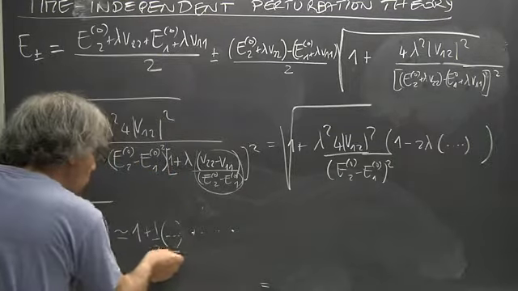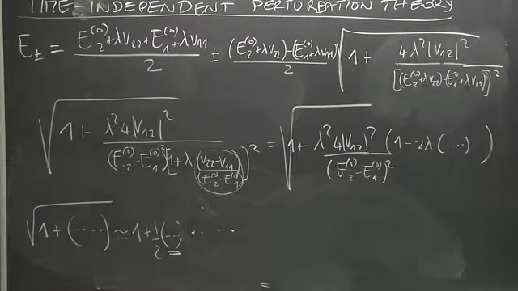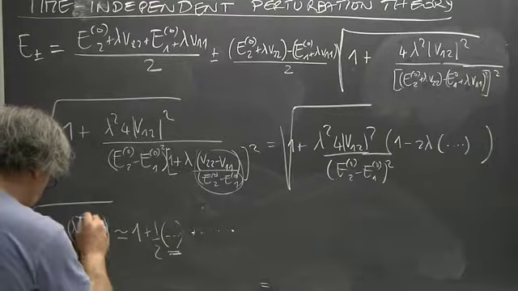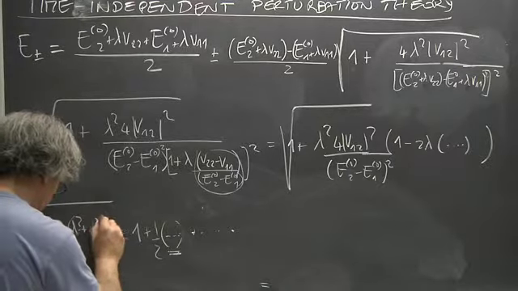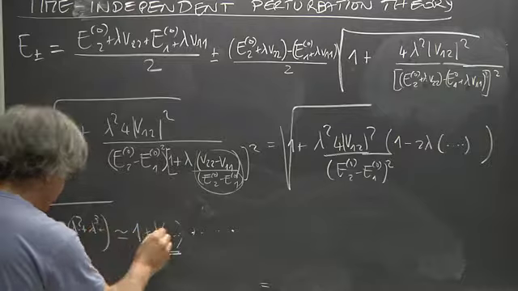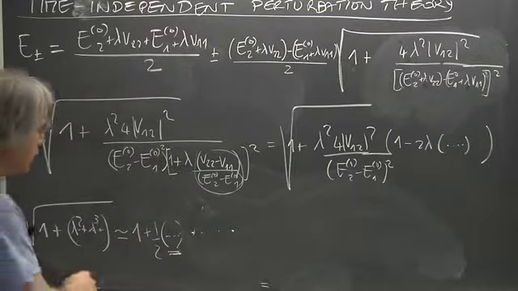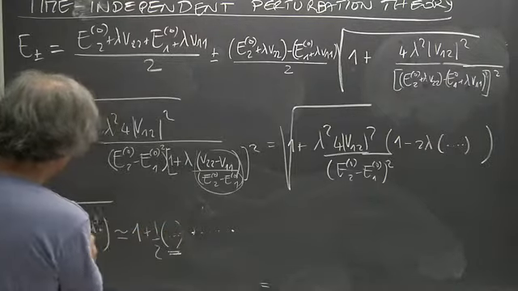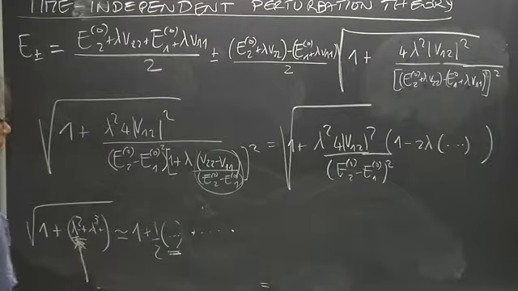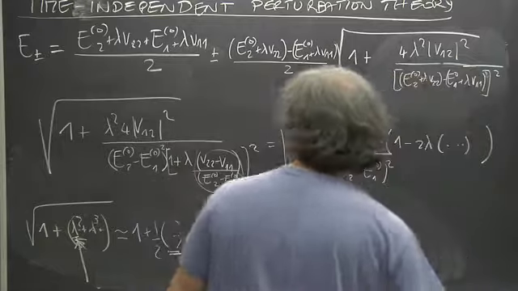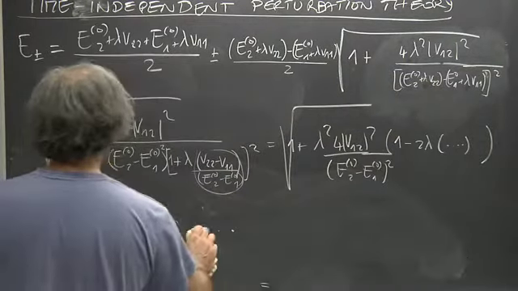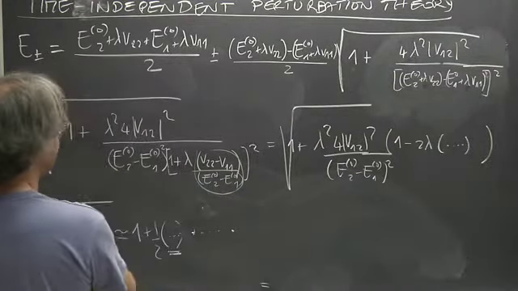If I want to keep only the smallest correction, remember this is lambda square plus lambda cube plus blah, blah, blah. So for the smallest correction, I can simply consider the lambda square. So the smallest correction here is simply 1 plus 1/2 whatever I had there for lambda square.